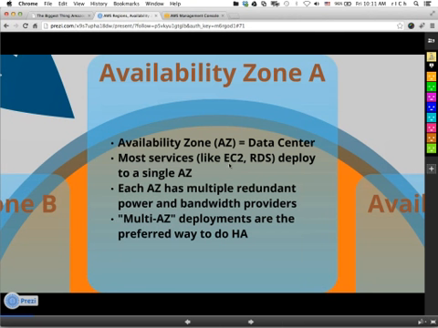In the case of EC2, we have a concept of auto-scaling groups where we can put 2 servers in this AZ and 2 servers in another AZ, then wrap them in a single auto-scaling group and balance the traffic across 2 or more individual data centers. So multi-AZ deployments are the preferred way to do HA, or high availability, inside of Amazon.